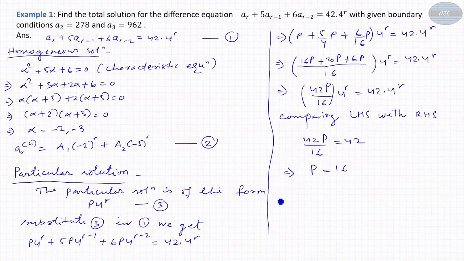Okay, so hence ARP, this is the particular solution, is equal to, this is p, we got the value p is 16 into 4 to the power r. Okay, so this is the particular solution we got here. Now we'll find out the total solution.